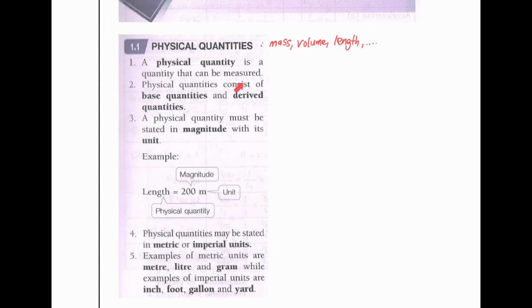Physical quantity consists of base quantities and derived quantities. For base quantities, we have to know there are 5, which we can remember by using T, MELT. T, temperature. M, mass. E, electric current.